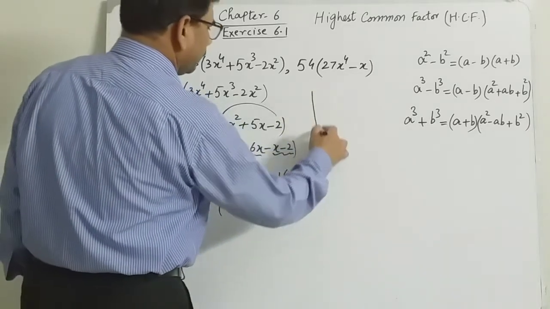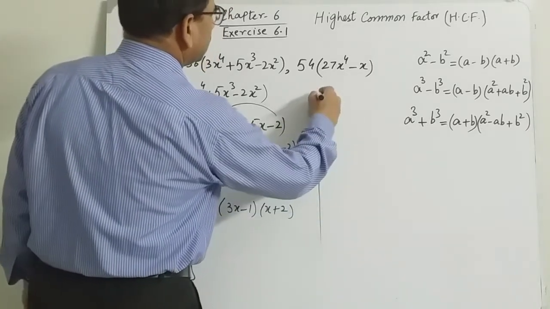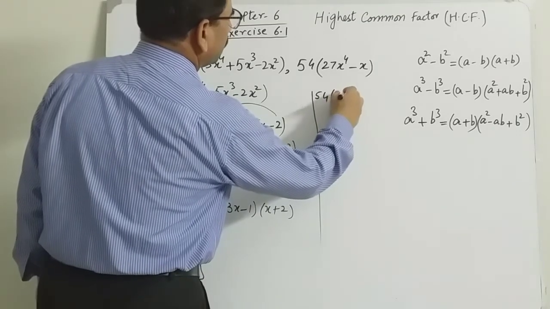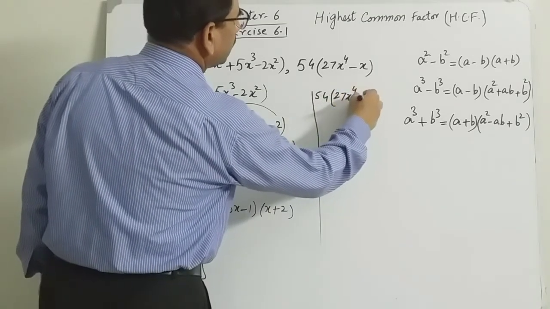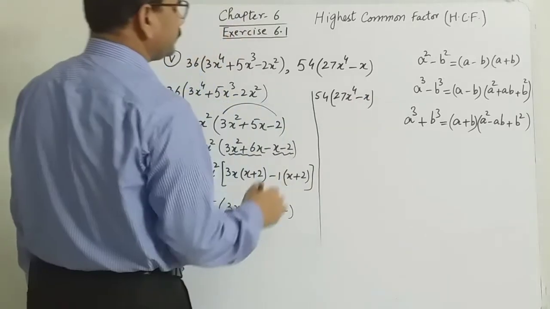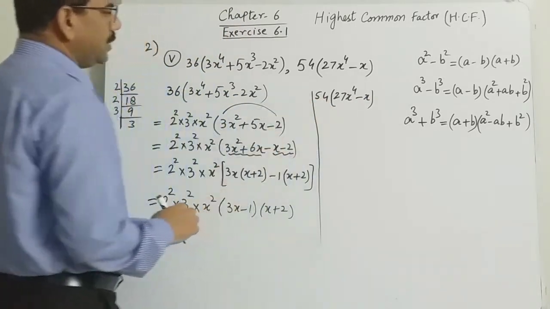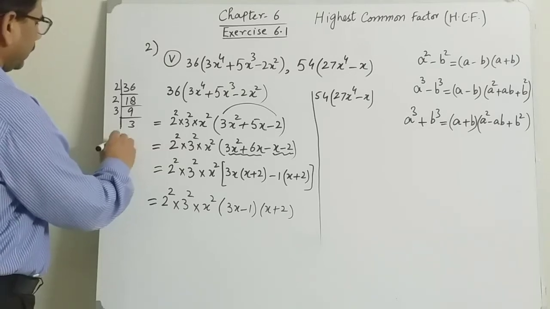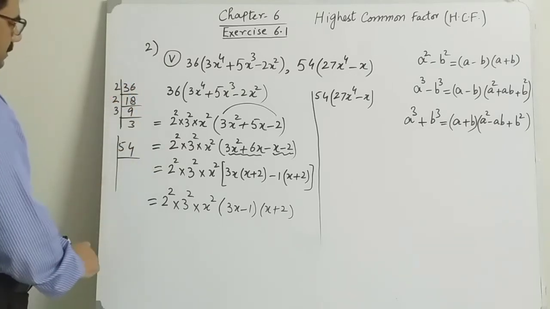Now coming to the second polynomial, first we will write the given polynomial as it is: 54 into 27x^4 minus x. Now we will make prime factorization of 54 similarly as we have done in the case of 36.